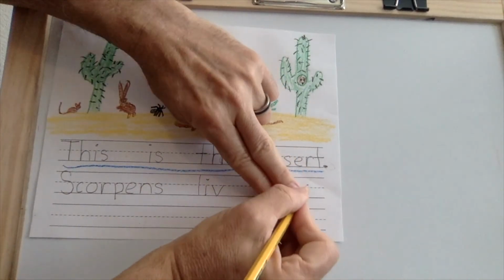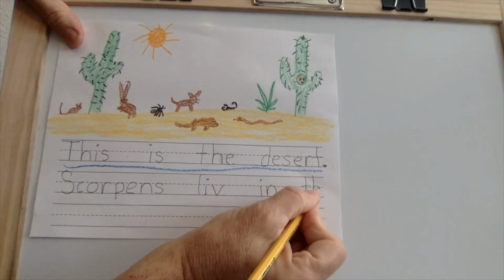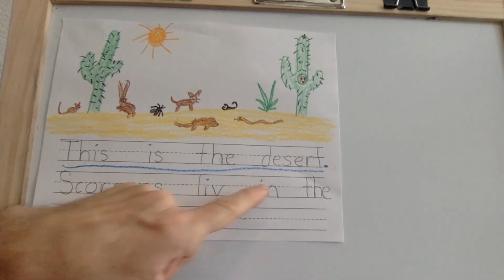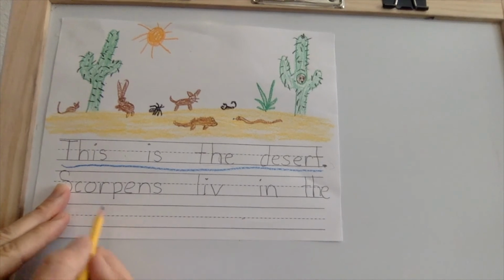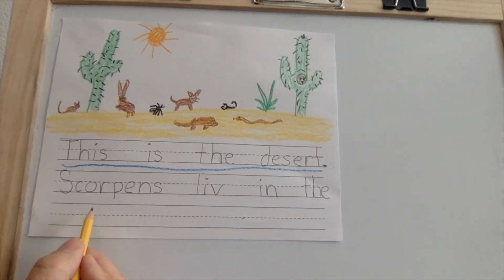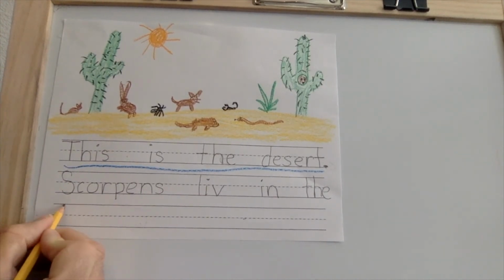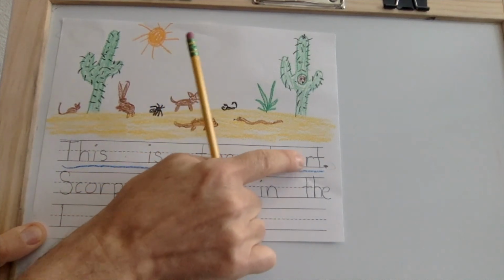If I do 2 finger spaces, I can do T-H-E. Oh, I just made it fit. Scorpions live in the desert. I'll leave my space. And, oh, no. No spaces when you go here, just to the end. And if you forgot how to write desert, it's right up here. D-E-S-E-R-T.